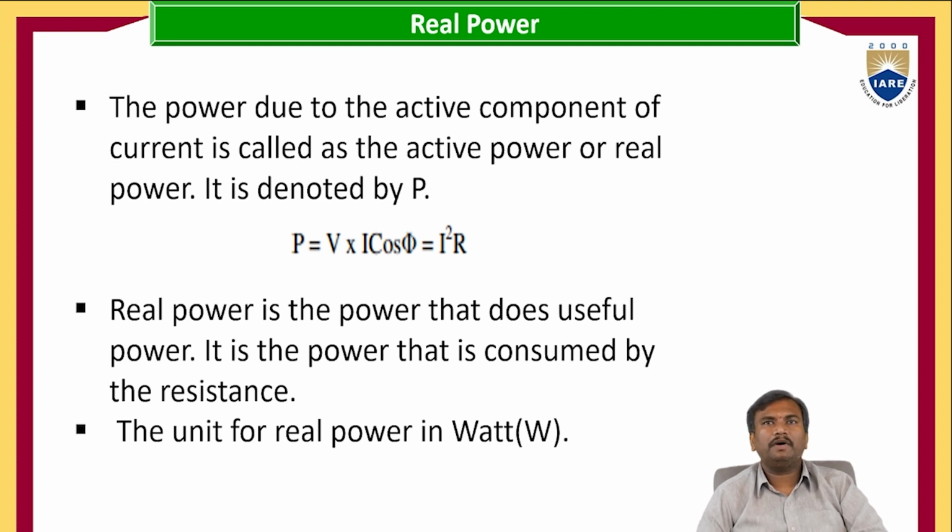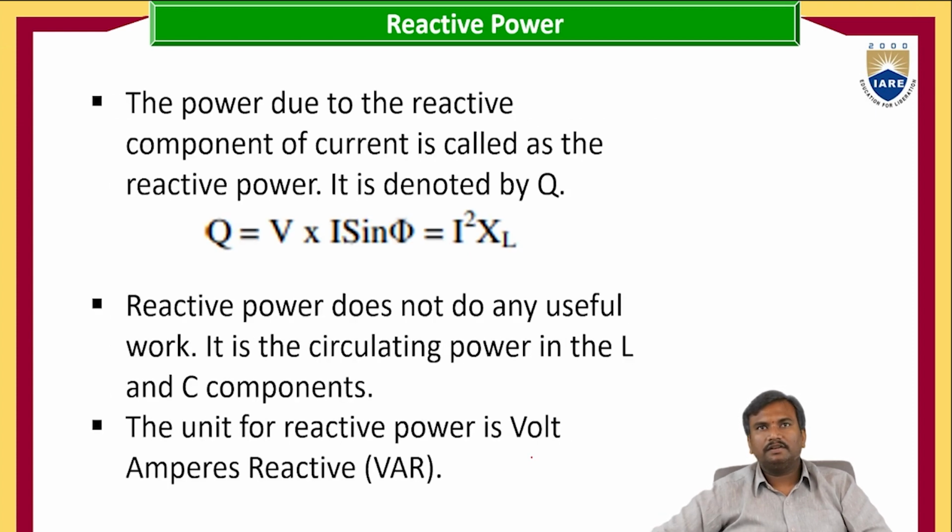It is denoted by P. That is, the active component is nothing but real power, which we are going to get across the resistance. P is equal to VI cos phi, that is equal to I square R. The unit for real power is watts.